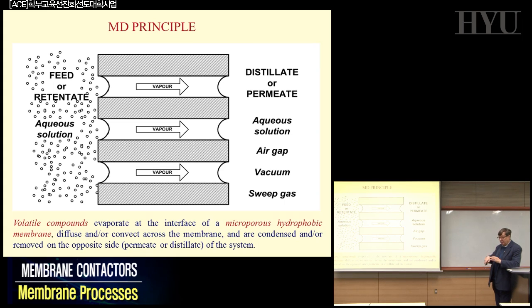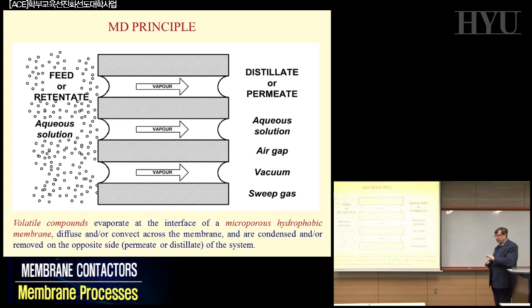as, by the way, nature is using already. Your skin is a typical membrane of this kind, hydrophobic, microporous. Hydrophobic means, if we are discussing water, that the liquid phase will not penetrate the pores of your membrane. These materials must be strongly hydrophobic, in such a way that no liquid will penetrate.